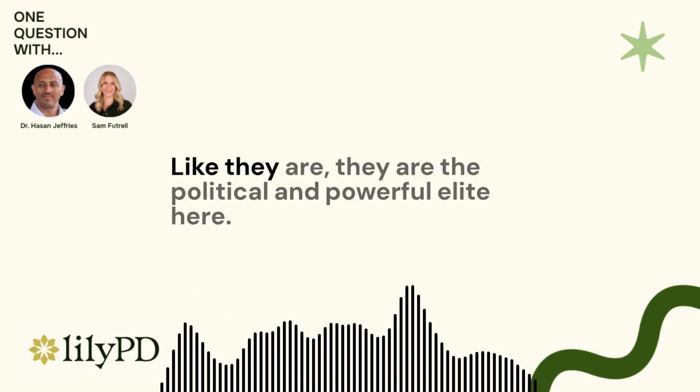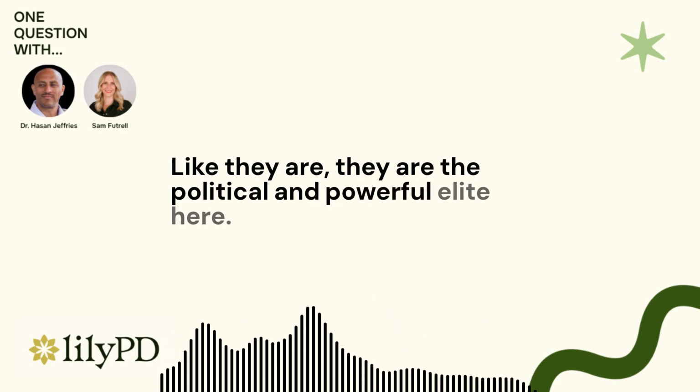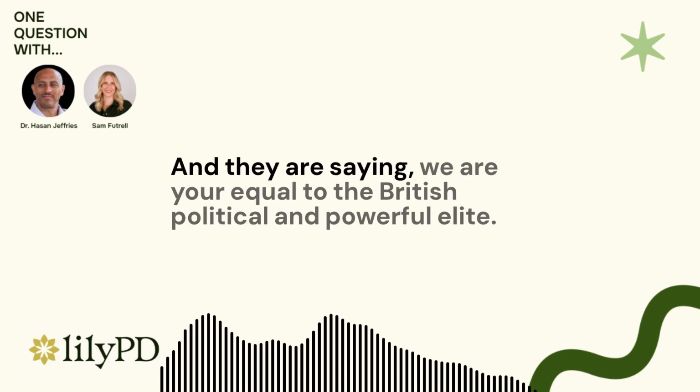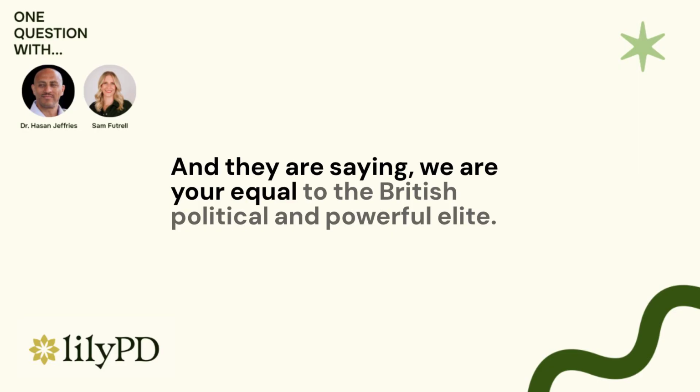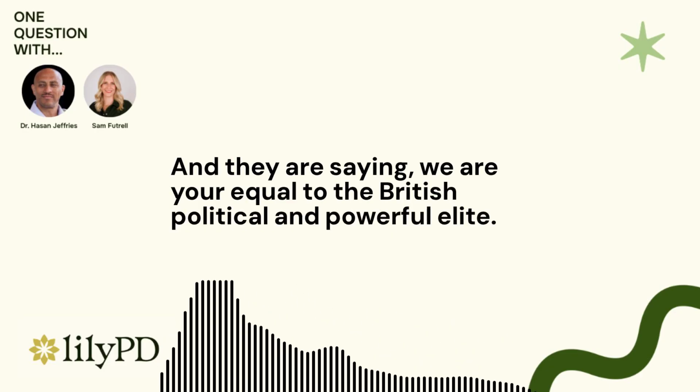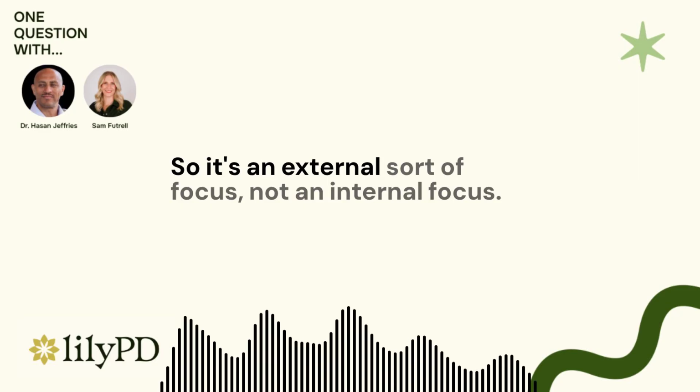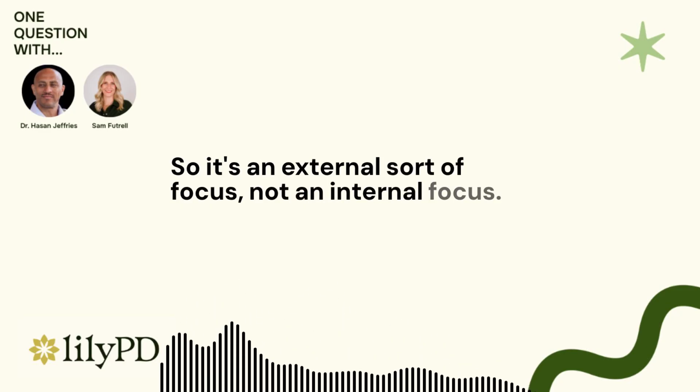They are the political and powerful elite here, and they are saying we are your equal, to the British political and powerful elite. So it's an external focus, not an internal focus.